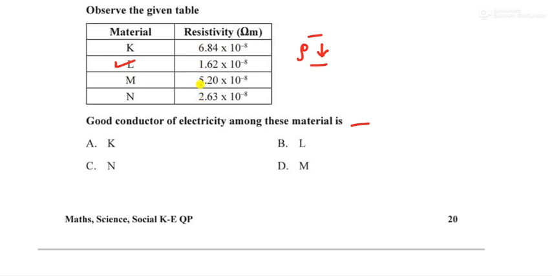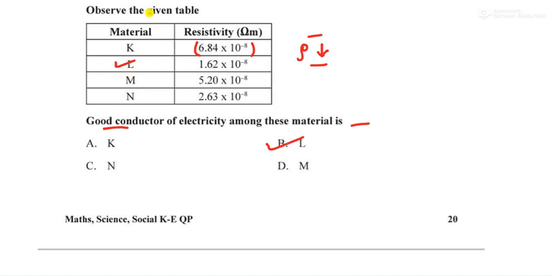Other than these, all the others have higher electrical resistivity. It means this is a good conductor. The bad conductor, or resistor, will be the one which is very high. In that case it could be option number K, but since they have asked good conductor, it is option number B, and it is L.